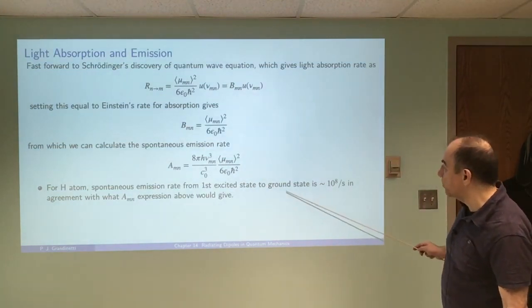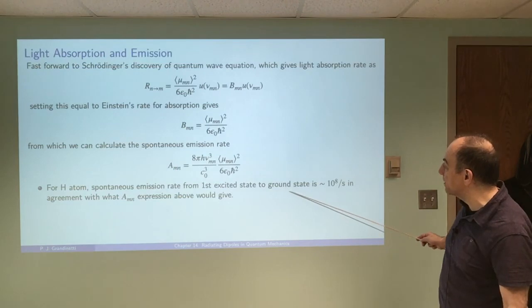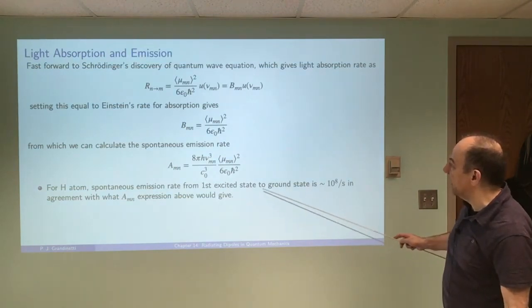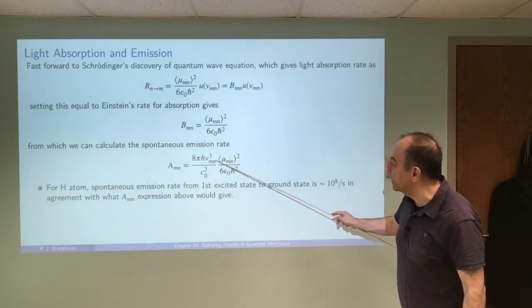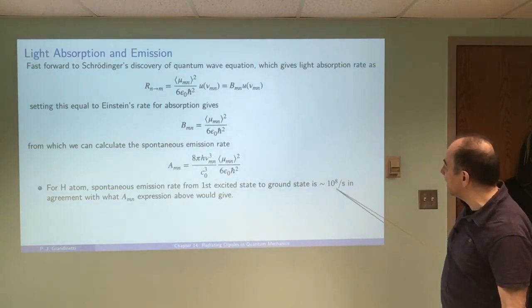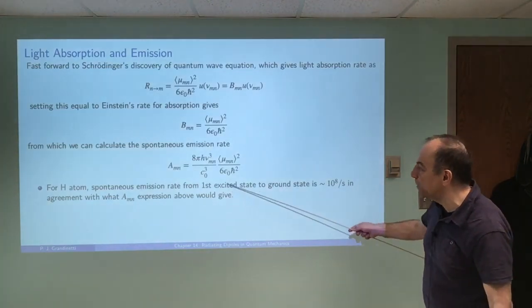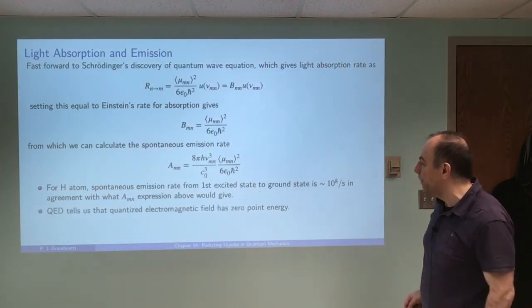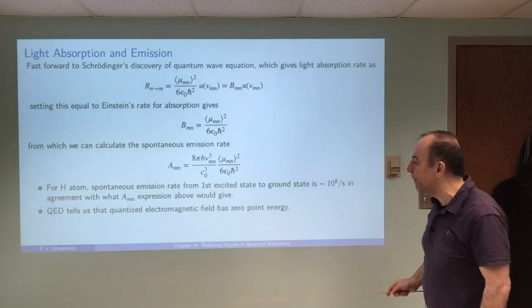And so for the first excited state to the ground state of a hydrogen atom, you can take the frequency associated with that transition, and you get a rate of about 10 to the 8th transitions per second for the spontaneous emission, which is pretty much in agreement with what you get there.